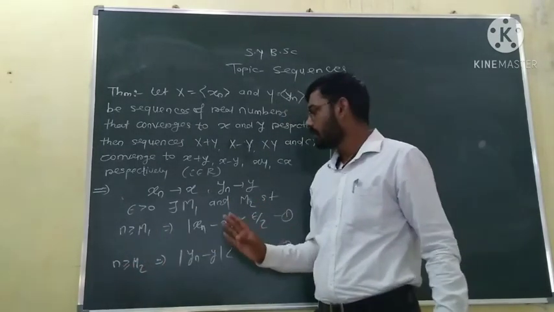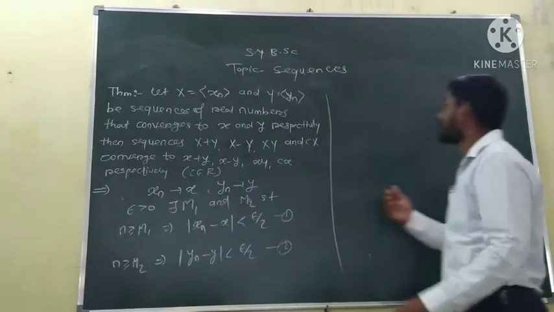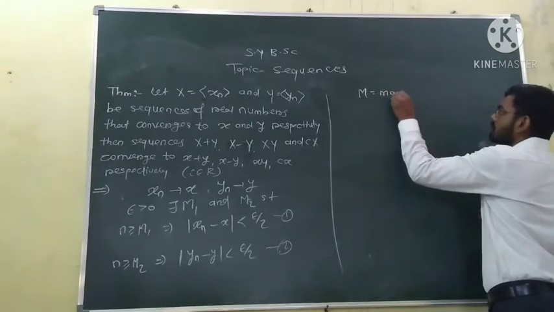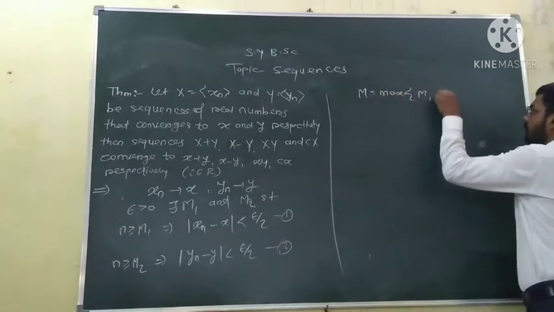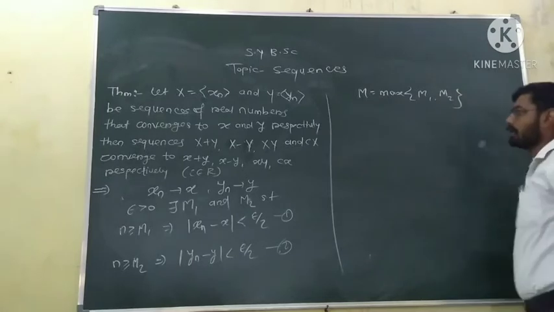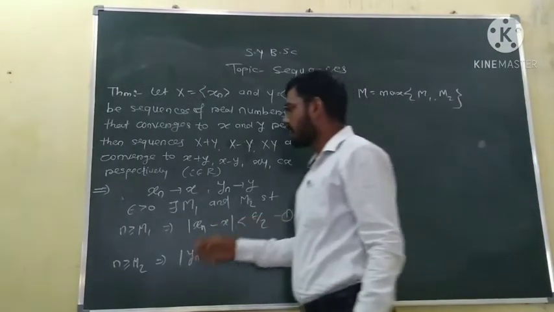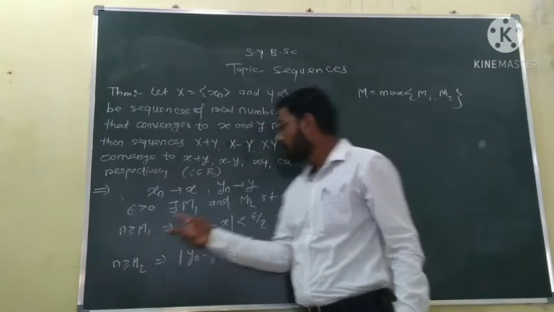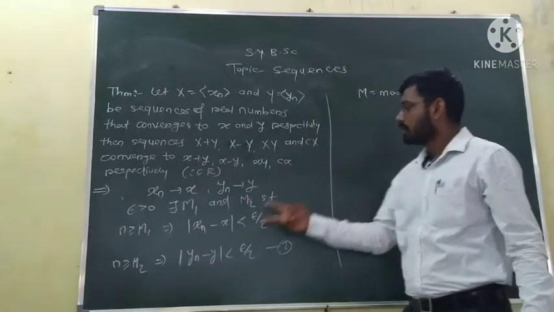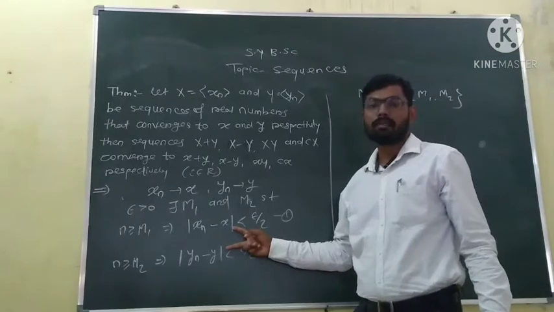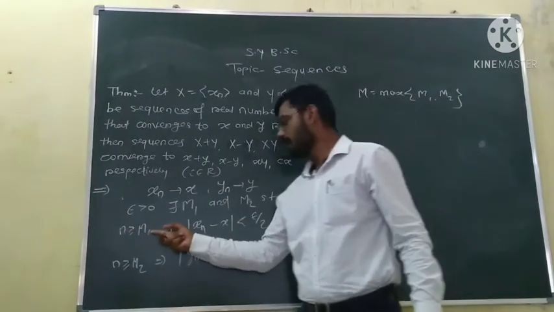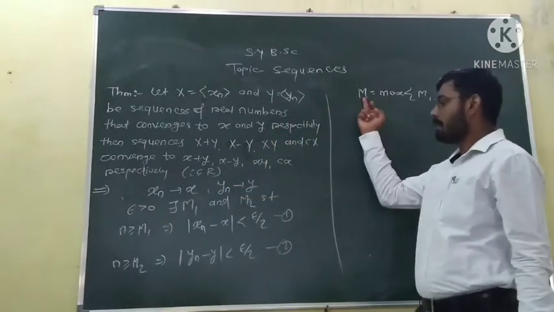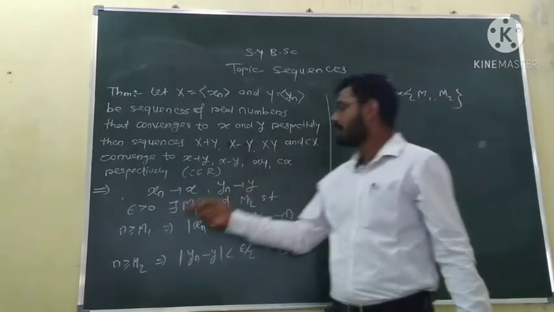If we take a new value of m, if we take m equal to the maximum of m1 and m2, that is, we have taken a number which is greater than m1 and also greater than m2, then for this m both inequalities will be valid, because when n greater equal m1, this is valid, but this m is the maximum of m1 and m2, so m may be greater than m1.